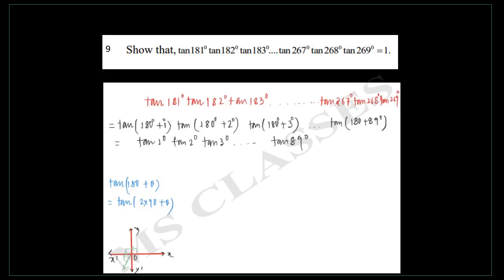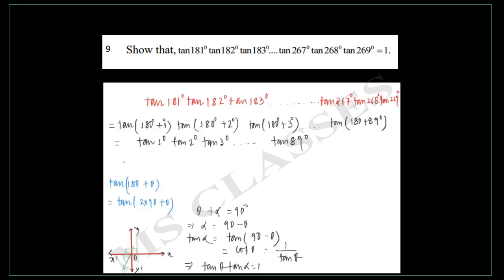Now, here what we can say, again the same thing, alpha equal to 90 minus theta. Now tan alpha equal to tan 90 minus theta, and that is cot theta, that is 1 by tan theta, and this gives us tan theta into tan alpha equal to 1.